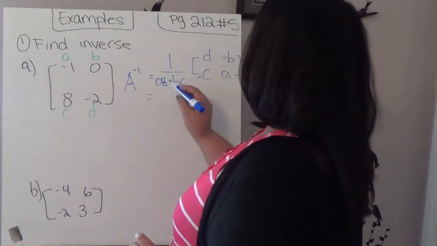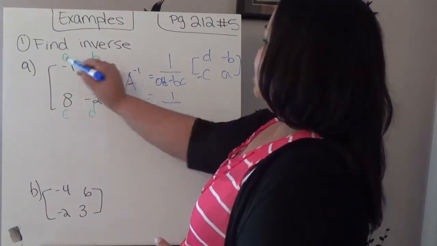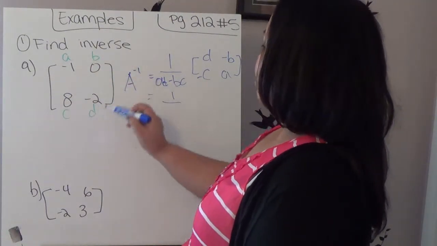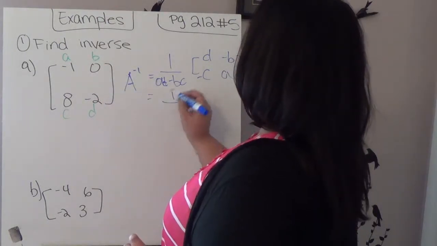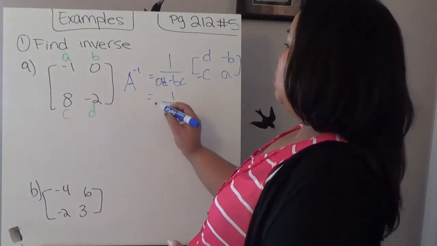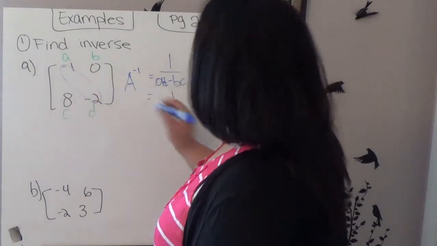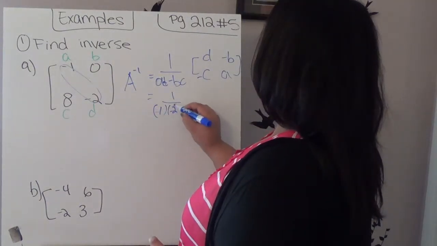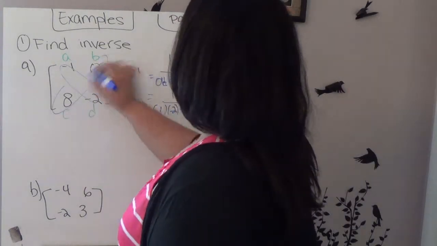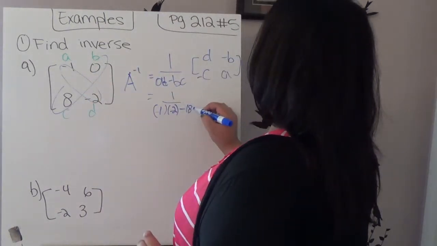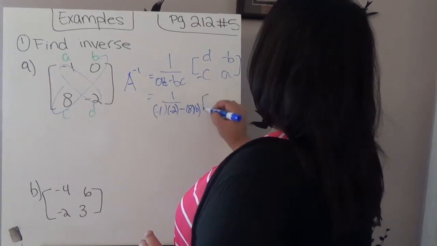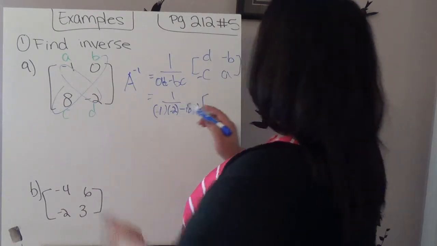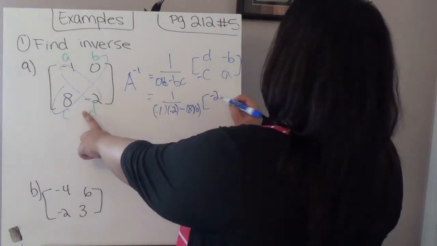So it equals 1 over A times D, so this times this. You can know this is actually the determinant. So this times this, negative 1 times negative 2, minus this times this, so 8 times 0. And then we have D, which is negative 2.